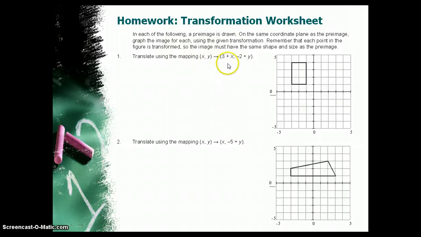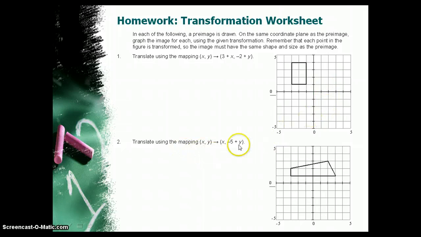So it still means the same thing. Our x is going to be shifting +3, and our y will be shifting -2. This is the first time we've dealt with negative numbers, so this rectangle over here is going to shift 3 units on the x, but down 2 on the y.